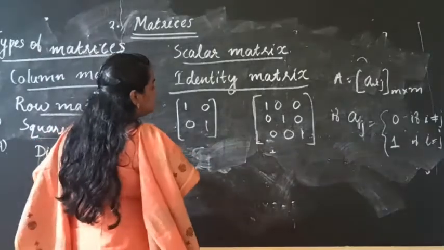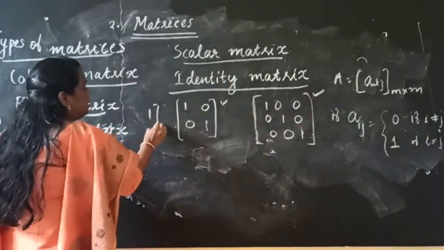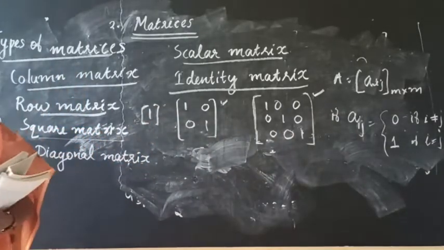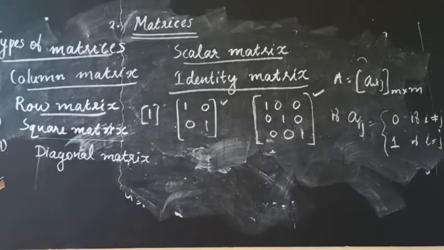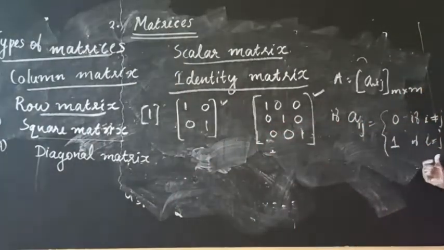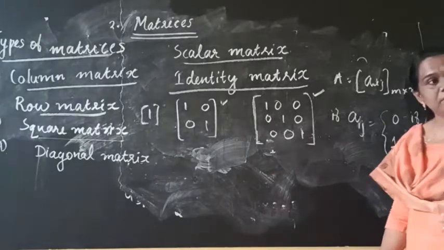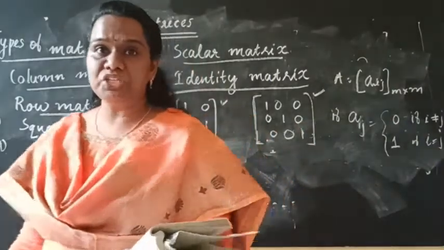See, this is the second order identity matrix, this is the third order identity matrix, and if you write like this, this is first order. Here i is not equal to j does not arise, only i equal to j. Only A11 is present, so A11 is 1. Clear? According to the definition, it is okay.